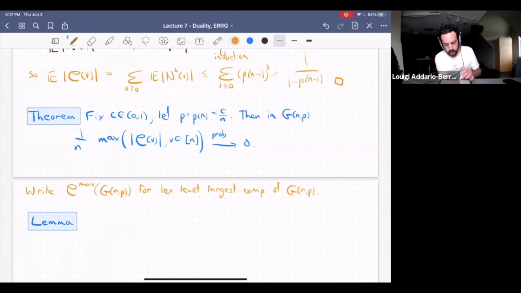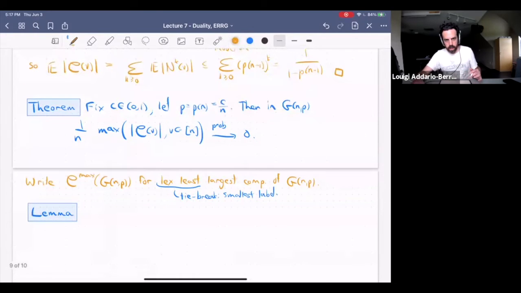This means pick the connected component with the largest number of vertices, and if there's a tie, pick whichever component has the smallest labeled vertex in it. That's the tie-breaking rule: the tie break is smallest label.